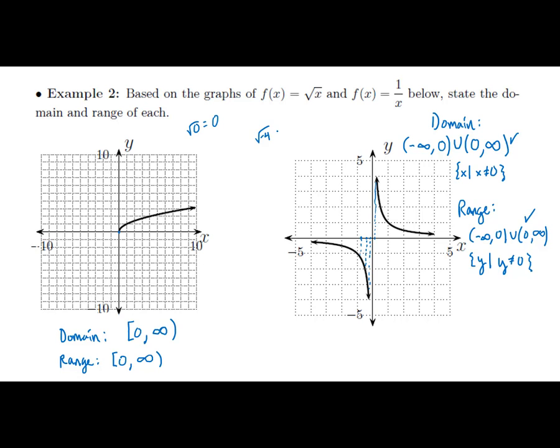But no number, if you times it by itself, can ever give you a negative. So that's why the negatives didn't work there, and so we just don't allow them to be a part of our function domain. And here we know that dividing by 0 is a bad idea, so we restricted our domain to kick 0 out.